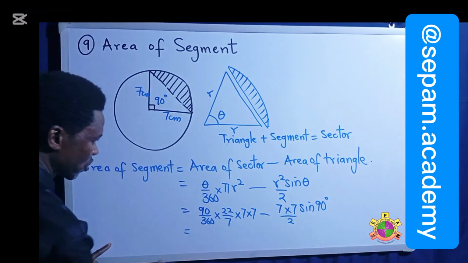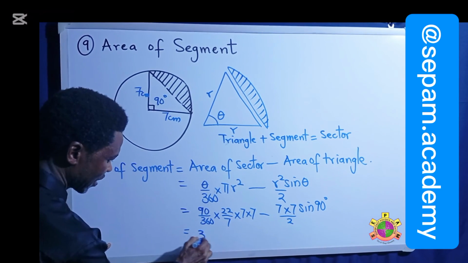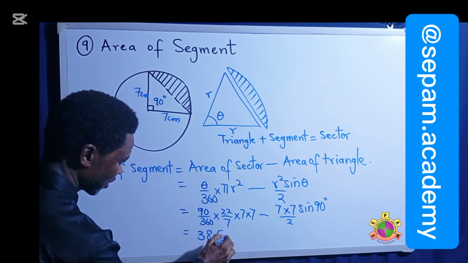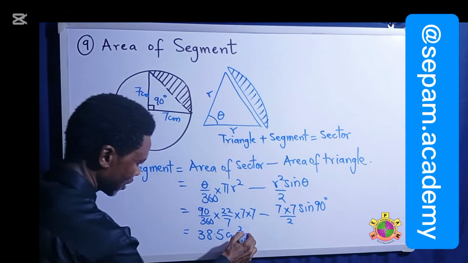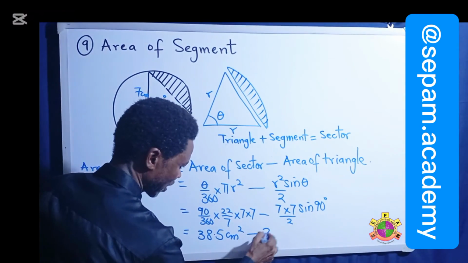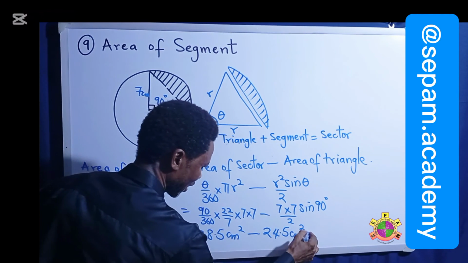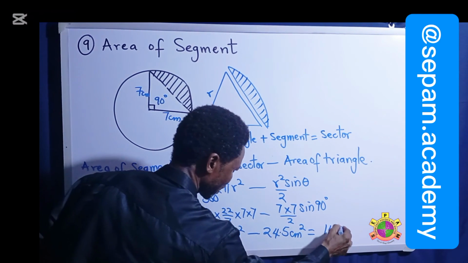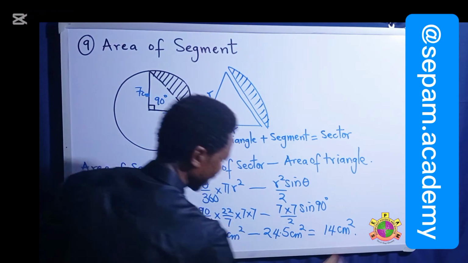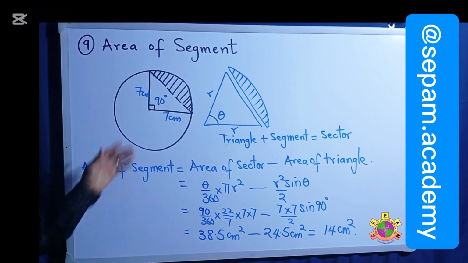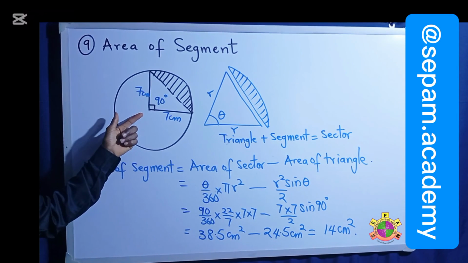So this is going to give us 38.5 cm squared, take away 24.5 cm squared. That will give us 14 cm squared. So that is the area of this segment.